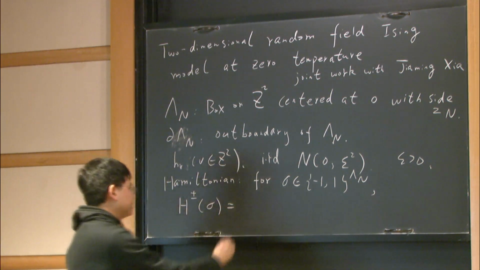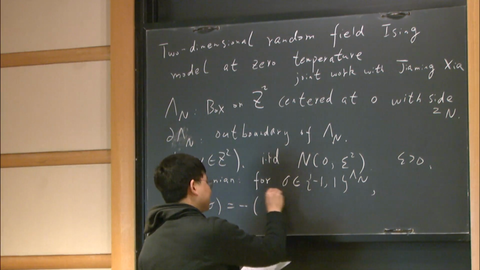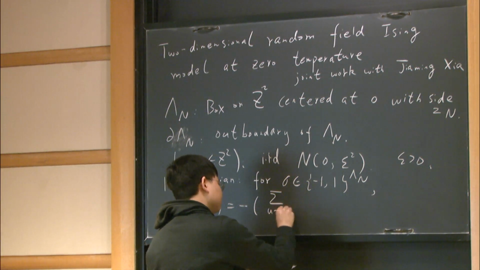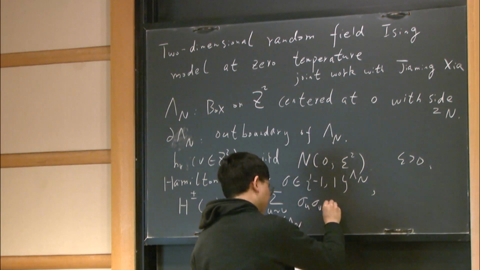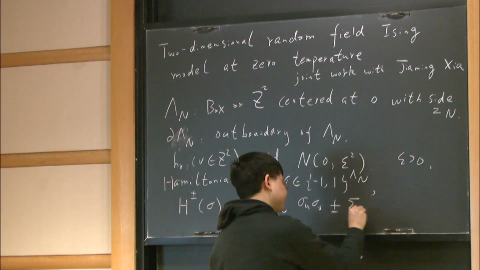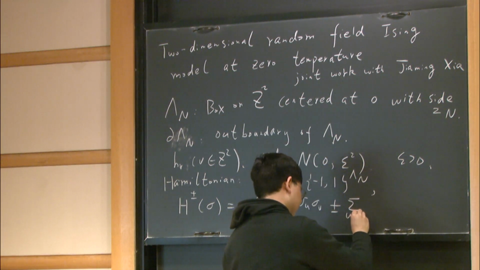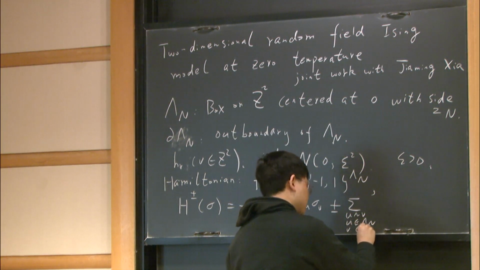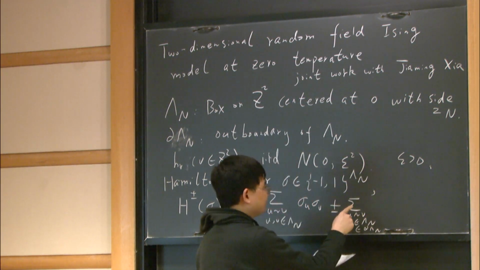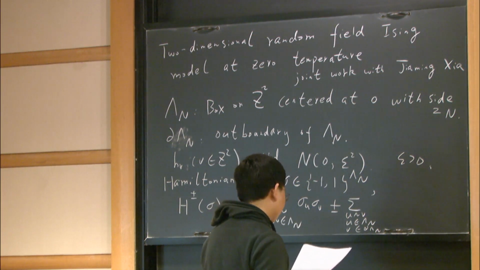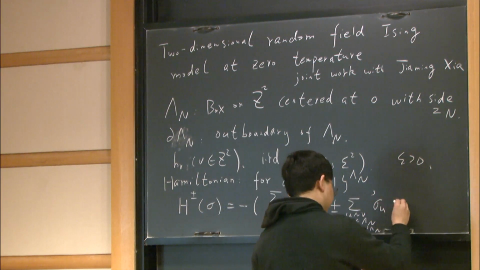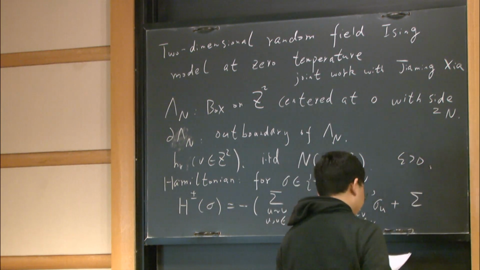This is just, you look at all the pairwise interactions in the box, and you also look at the interaction with the boundary, where uv is a pair of vertices forming an edge crossing the boundary. And also take into account the interaction with the external field.